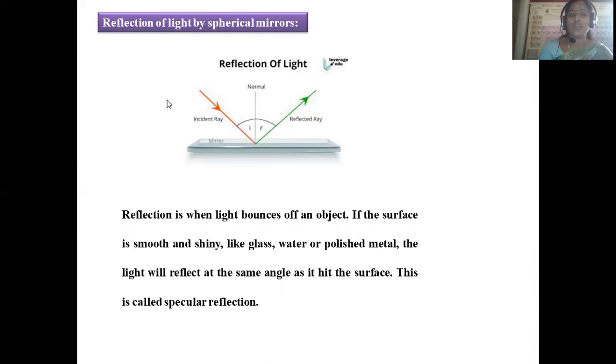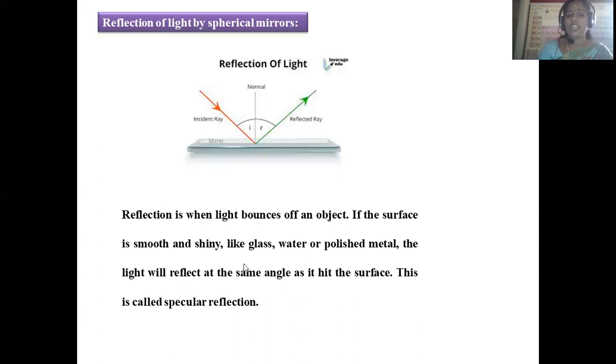Now let us discuss the definition of reflection of light. Reflection is light bouncing off an object. When light originating from the source bounces off the object, that angle generated is called reflection. Changing its direction with a certain angle is said to be reflection.